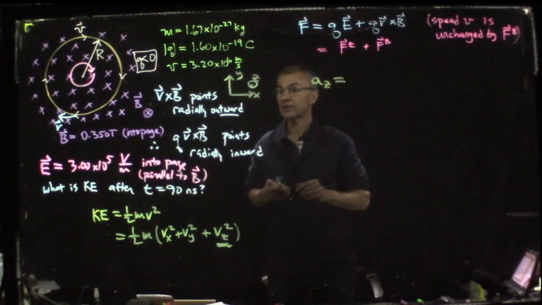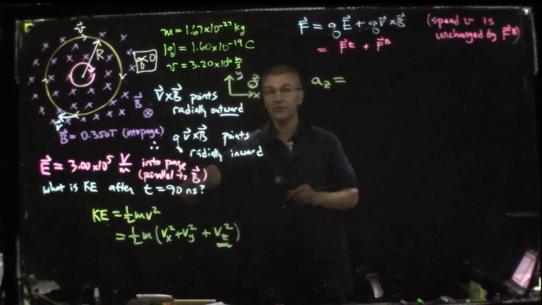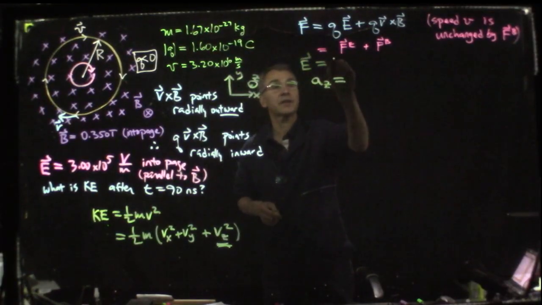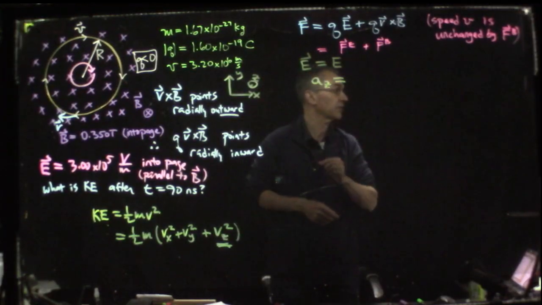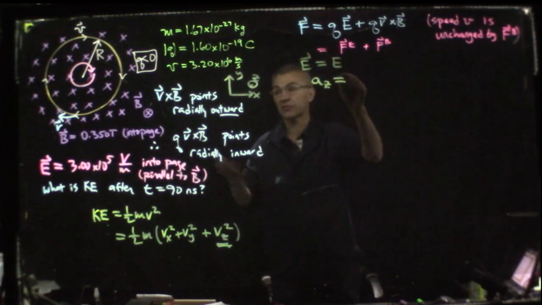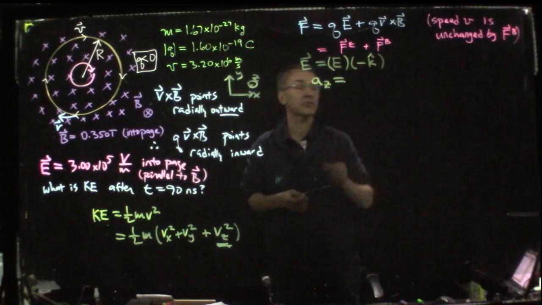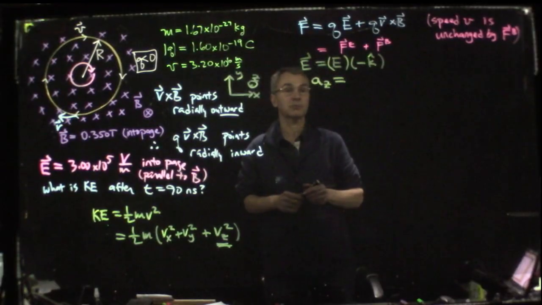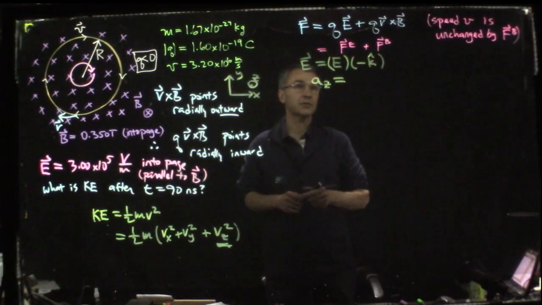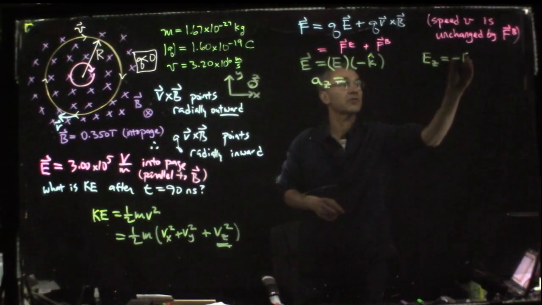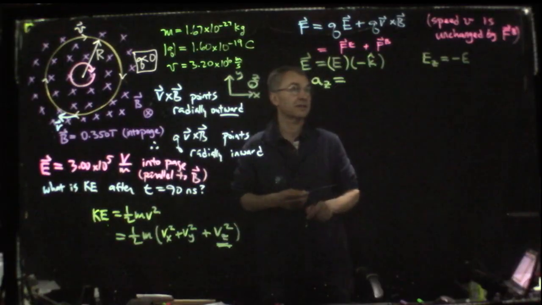The z direction is out of the page, and we notice that the electric field, now that we have defined a coordinate system, is just this magnitude E and it's actually in the minus k hat direction because the electric field, we said, is into the board. So basically E in the z direction is minus this magnitude, E.